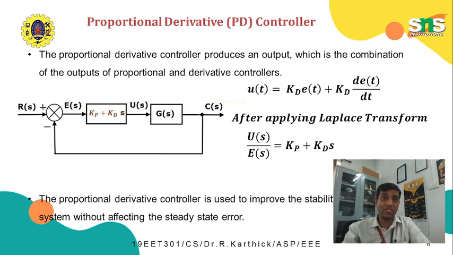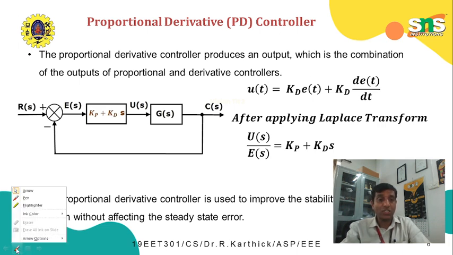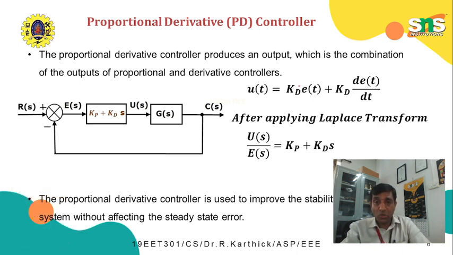The first one we'll discuss is the proportional derivative controller, which means the output signal is proportional to the derivative of the error signal as well as proportional to the error signal. So it is a sum of the proportional and the derivative controller. You can see Kp and Kd.